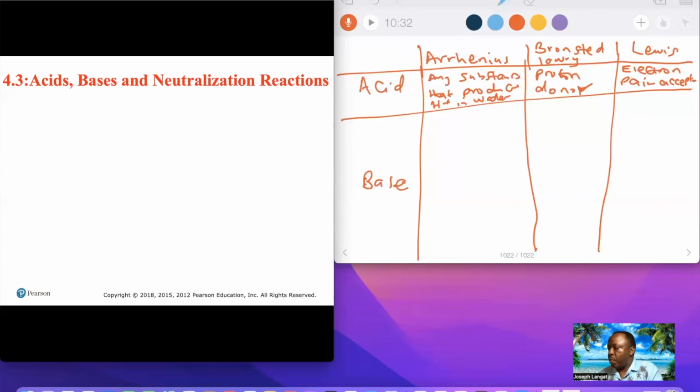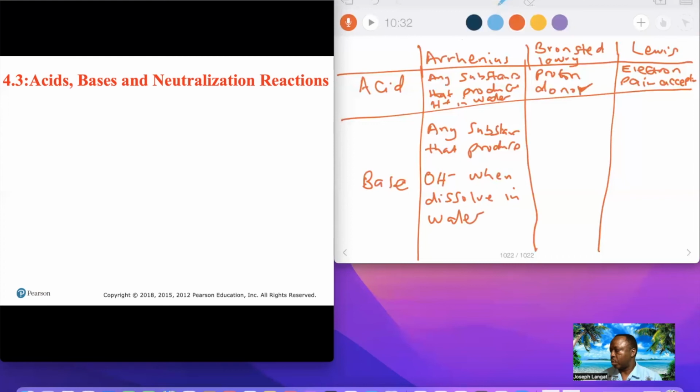The definition of a base is any substance that produces hydroxide ion when dissolved in what?